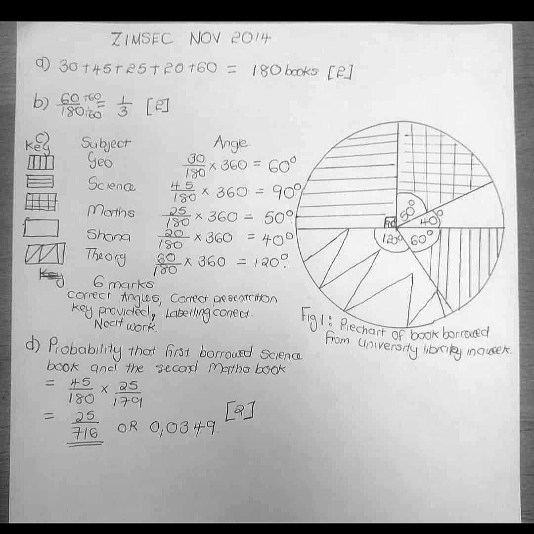The second step, we are now going to construct a circle using a canvas. Make sure that you draw a smooth circle using a canvas. And then after that, you measure and draw angles calculated using a protractor. You need to provide different shades for different subjects.